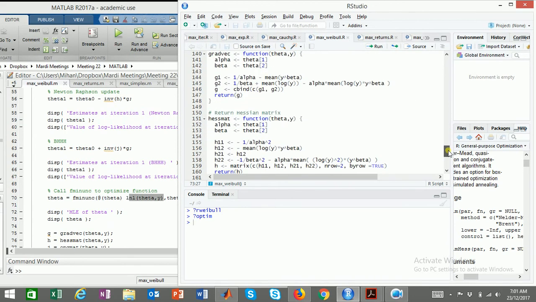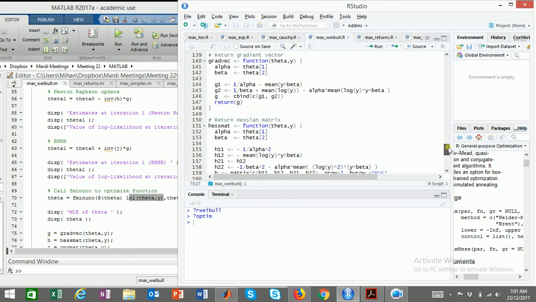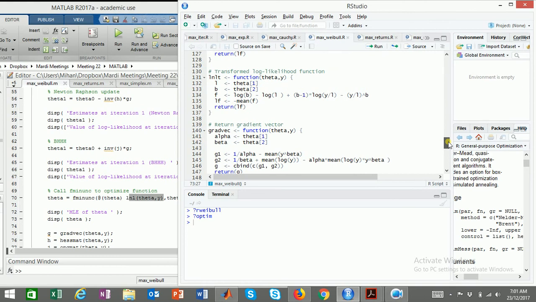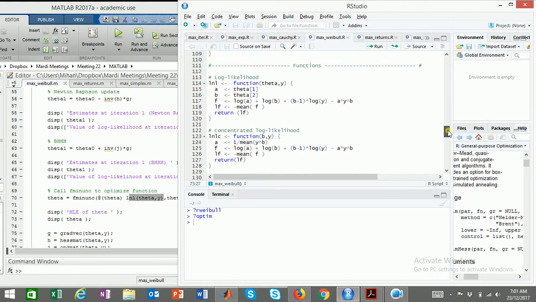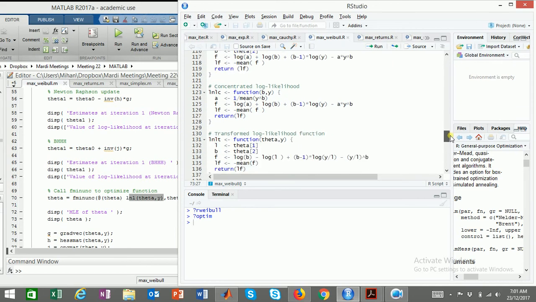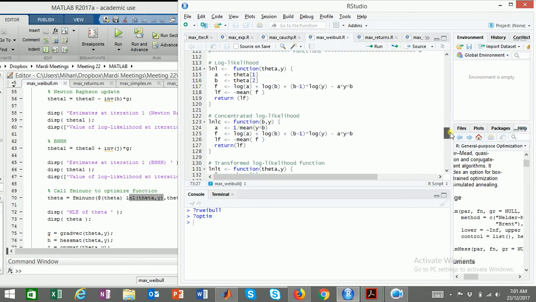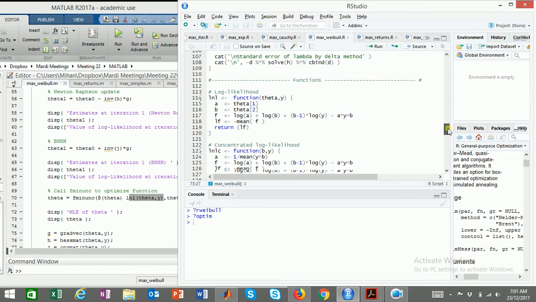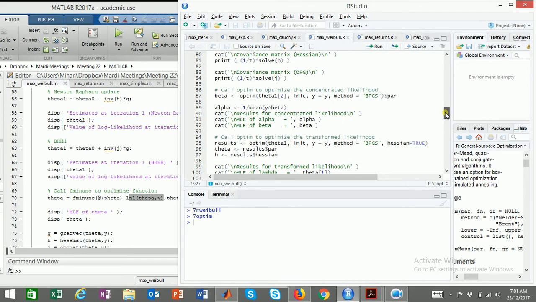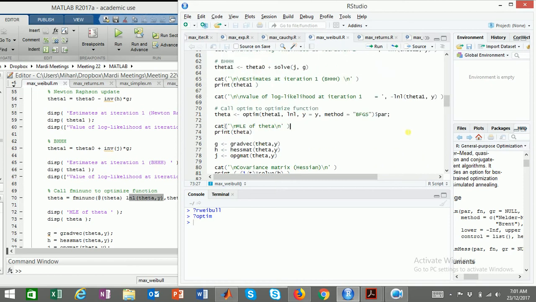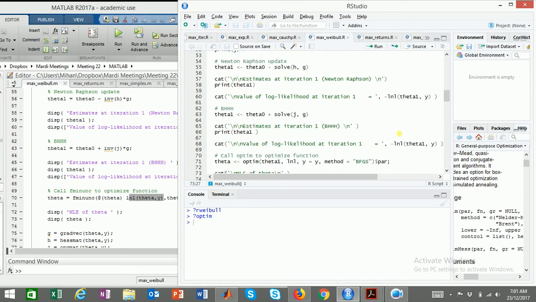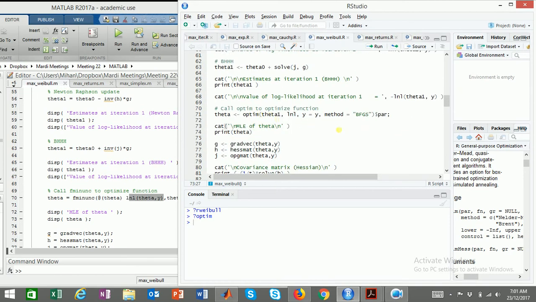What did we do in the function? Y is equal to y, theta y, log L. I think it's a way for R to say, I want this to optimize up until this happens. Okay, the method of BHHH at par.